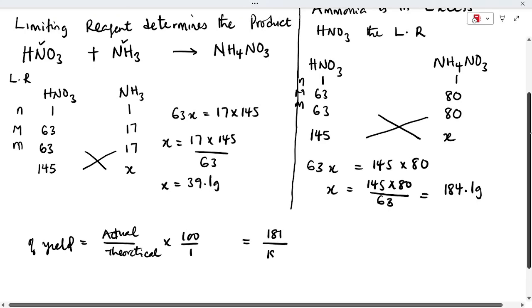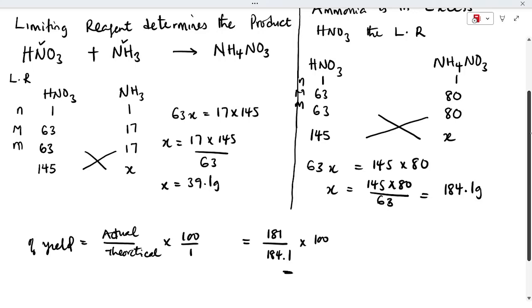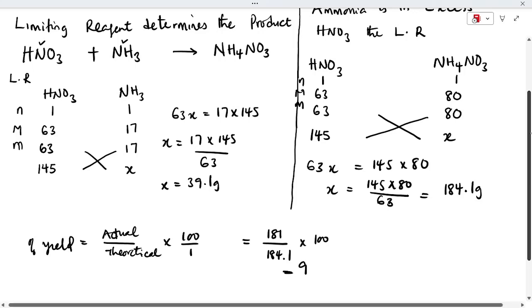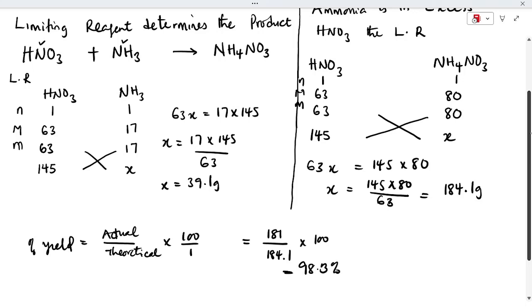The theoretical yield, which is what we calculated, is 184.1. So our percentage yield is simply 181 divided by 184.1, multiplying by 100, we get 98.3%.